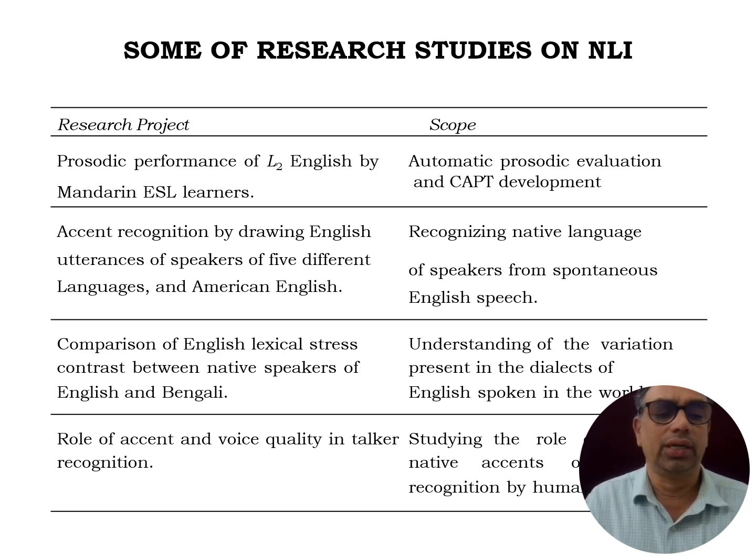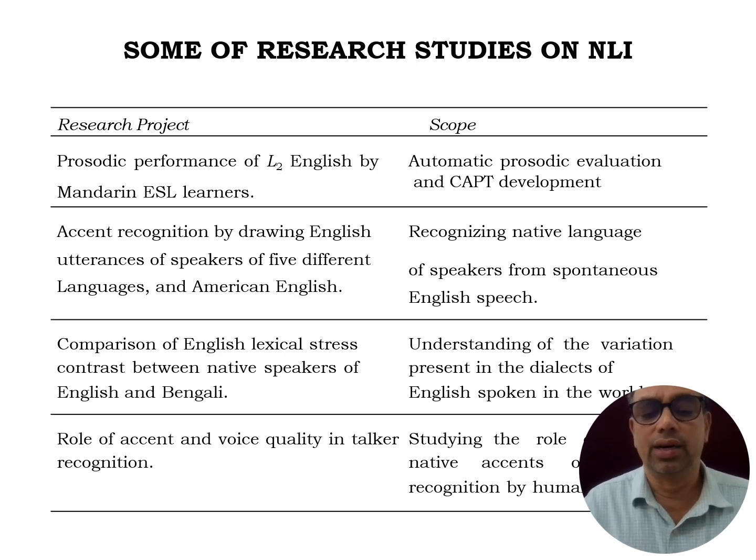And the second project is accent recognition by drawing English utterances of speakers of 5 different languages with American English, right? So recognizing the native language is the objective. Spontaneous English speech is used as the corpus. The third one is comparison of English lexical stress contrast between native speakers of English and Bengali.